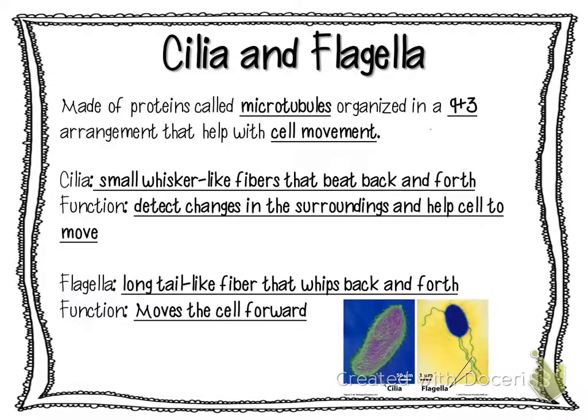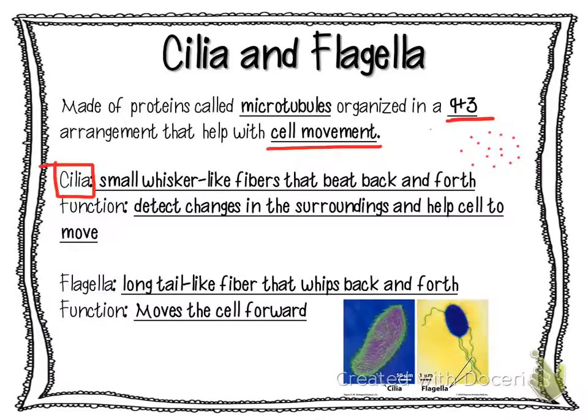Cilia and flagella are the means of a cell being able to move. These are also made of microtubules, and they're arranged in a 9+3 arrangement. That means we have 9 on the outside and then 3 in the middle. And it's arranged in a circle, right? And they help the cell to be able to move. Cilia, we've talked about cilia.